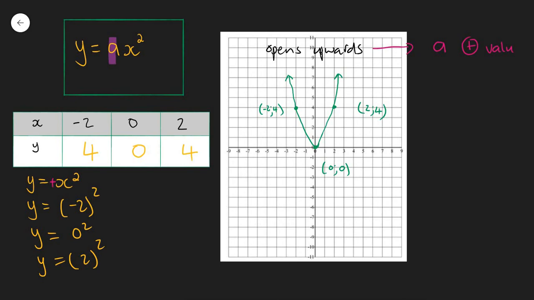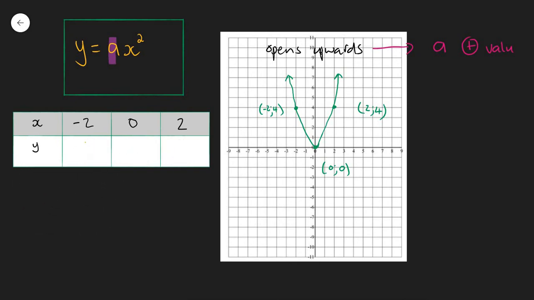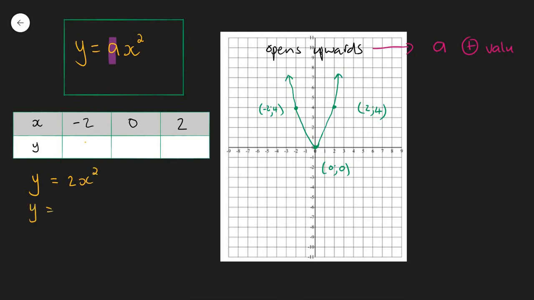Alright, what will happen if I leave the value the same, but I change the value of a, because at the moment it's actually just a +1. Let's say y equals 2x squared. Y equals 2 times 2 squared is 4 times 2, which is 8.